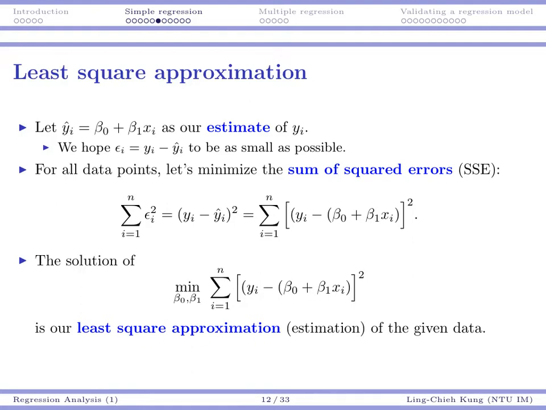This is the way we define the best estimation in regression, or at least in simple linear regression. We try to find beta 0 and beta 1 so that the sum of squared error is minimized. This is called the least square approximation.